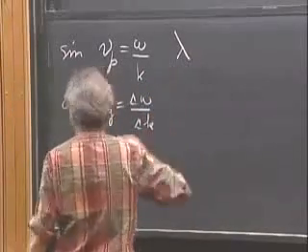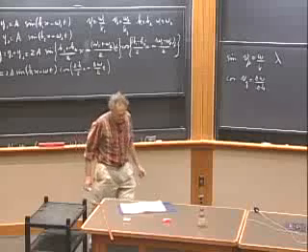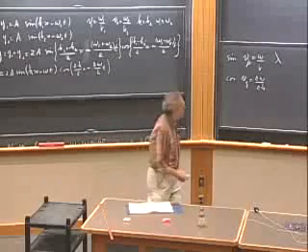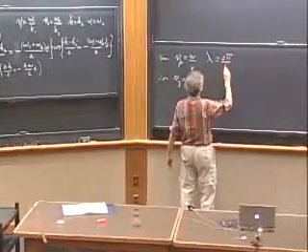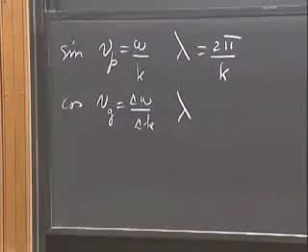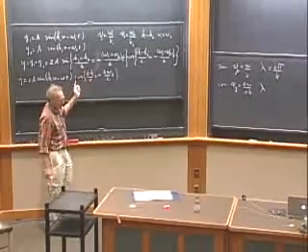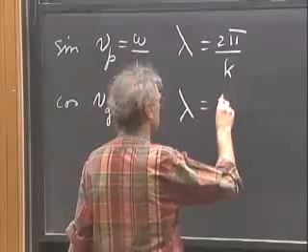The wavelength of the sine curve is, of course, given by 2 pi divided by k. That's the definition of wavelength. And if you think of the wavelength, the repetition pattern of the cosine function, that is 2 pi divided by this k. So that is 4 pi divided by delta k.